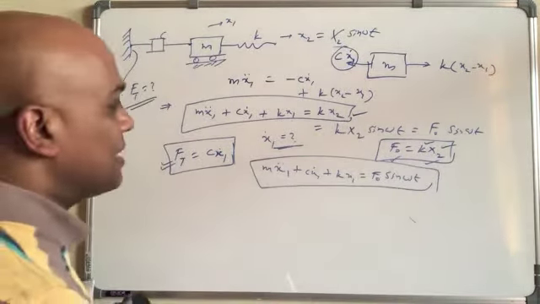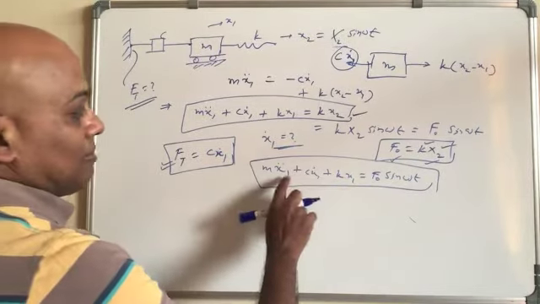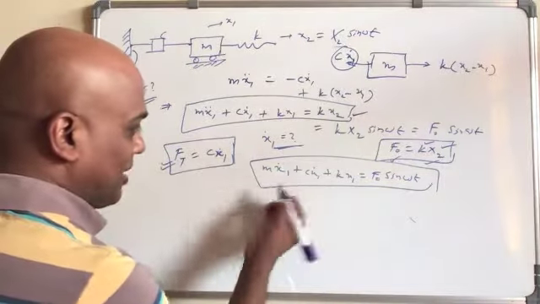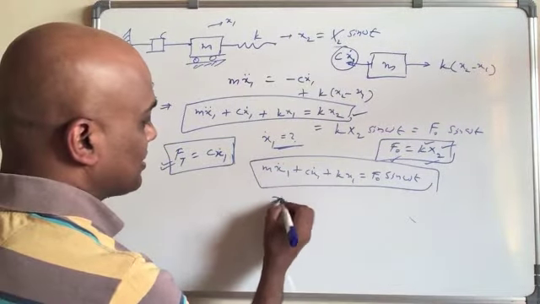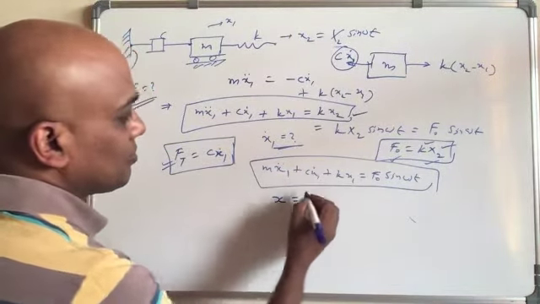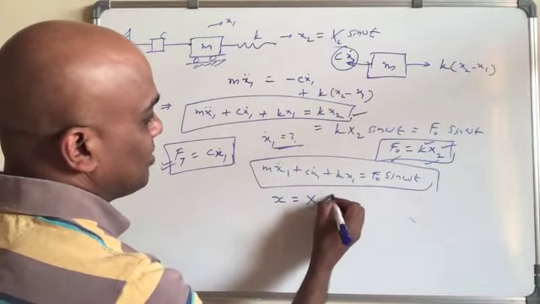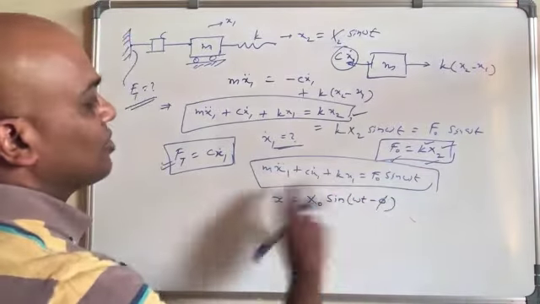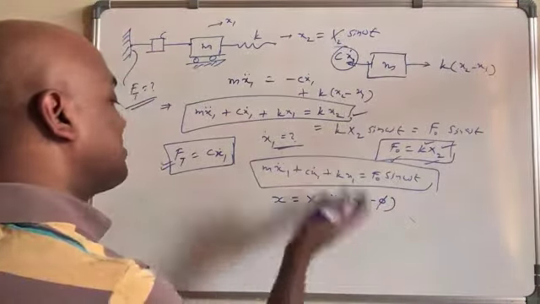Next is the solution. The solution of this you know already. The solution will be x equal to x naught sine (omega t minus phi). This is the forced vibration, and we have derived this already.